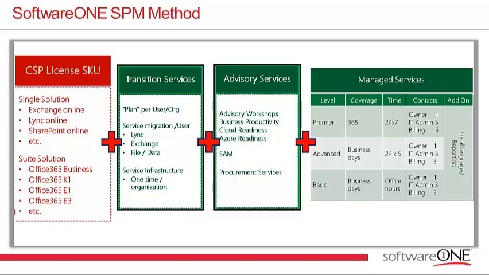So SoftwareONE also offers transition services into the cloud as a whole. We'll do directory synchronization, email migrations, SharePoint migrations, and actually take your on-premise data and make sure that as you click the button and turn on 365, that solution is ready, validated, tested, works.